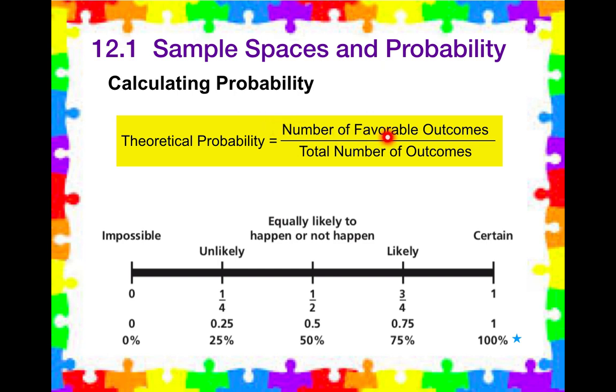So my combinations of numbers are the favorable outcomes. That's over the total number of outcomes. Well, the total number of outcomes is in the millions and billions. So even if I have 20 quick picks, it pales in comparison to the huge number of outcomes down here.